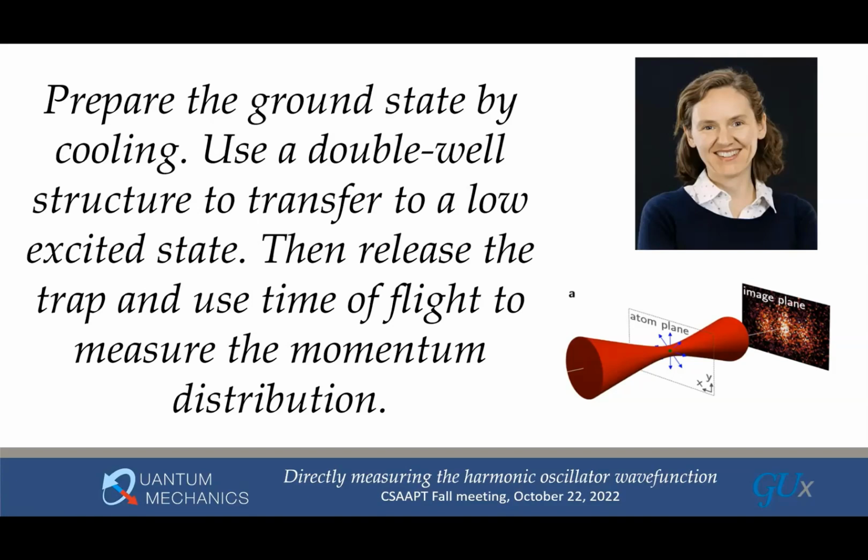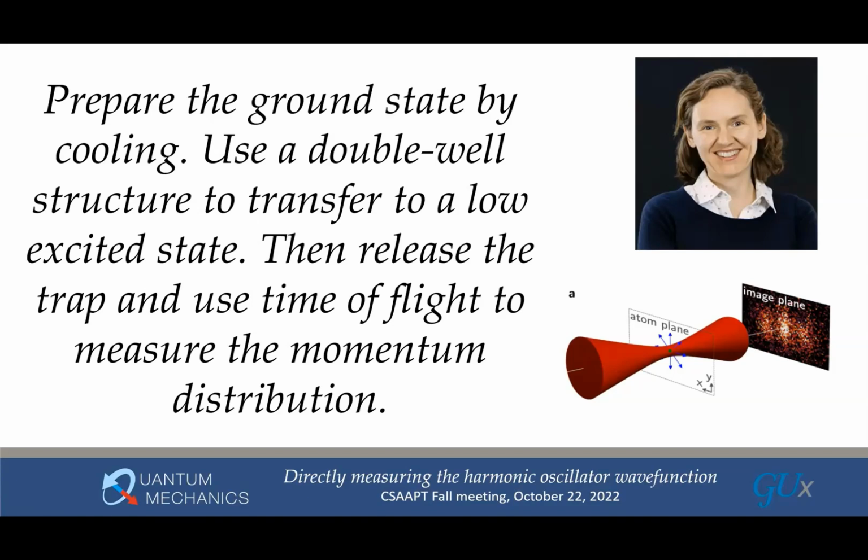And she can adjust the level of the second trap relative to the first one. So she knows the curvature of both traps, so she knows exactly where the energy levels are in each trap. And if she matches the ground state level of the first trap with one of the excited levels of the second trap, she can transfer from the ground state to an excited state with very good fidelity.